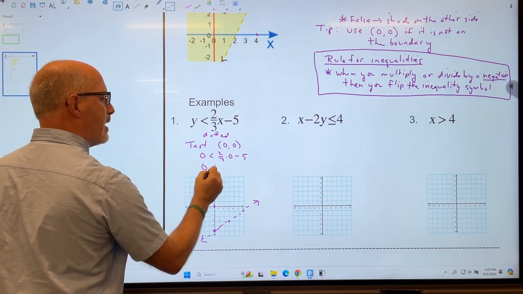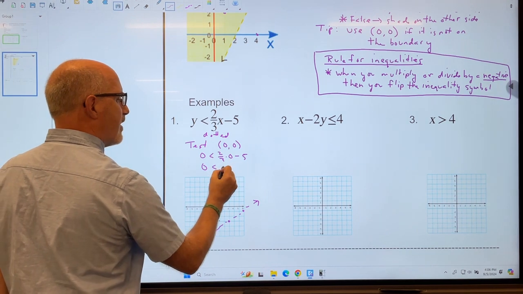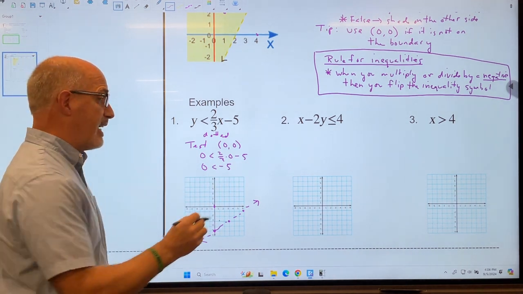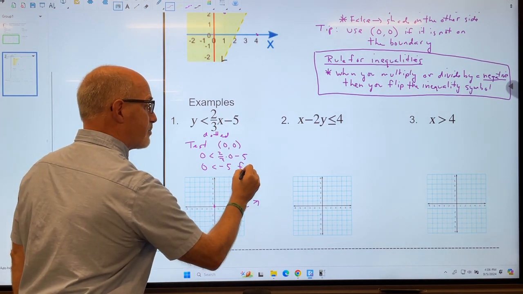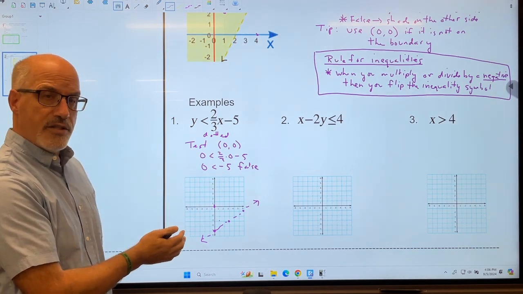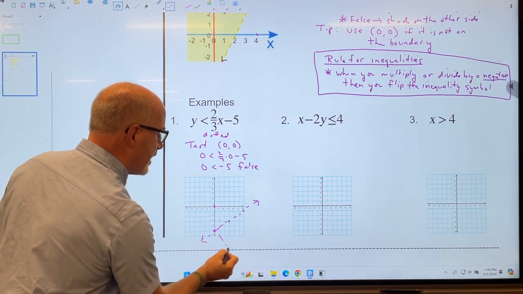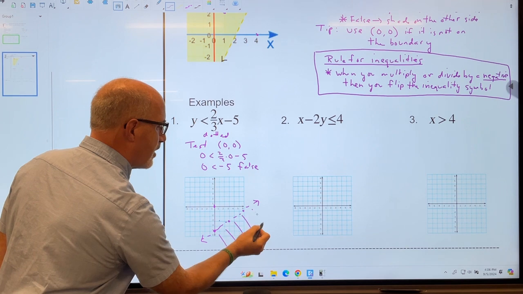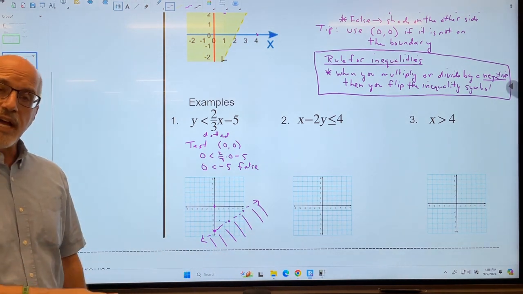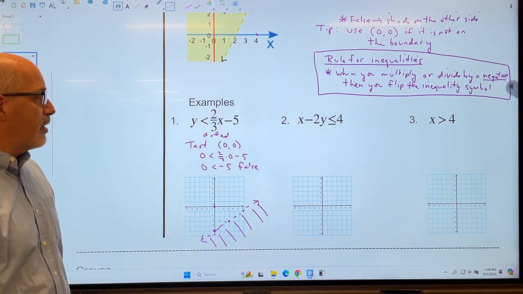Is 0 less than 0 minus 5, which is -5? Is 0 less than -5? The answer is that's false. So don't shade on the side of 0, 0. Instead, shade on the other side. This is how we'll oftentimes do our shading, is just with some lines showing that we're shaded down below.